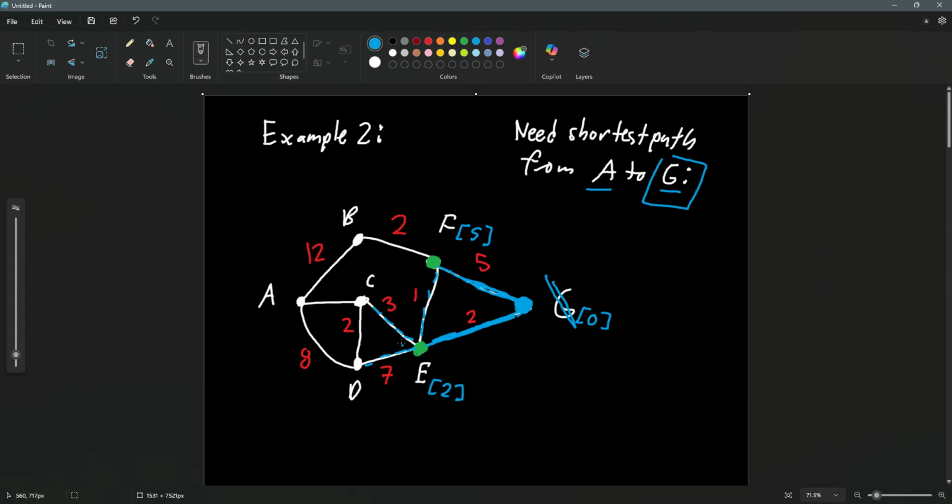All we're going to do is look at these vertices and ask, does it have a number? If it doesn't, we're going to give it a number just like we did for E and F. And if it does have a number, we're going to ask if the number the vertex already has is less than or equal to us taking a little detour.